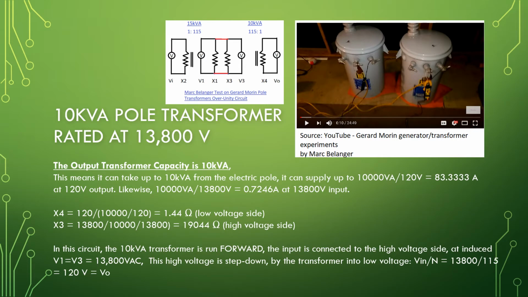This high voltage is stepped down by the transformer into low voltage. V in divided by N equals 13,800 divided by 115 equals 120 volt, which is V out.